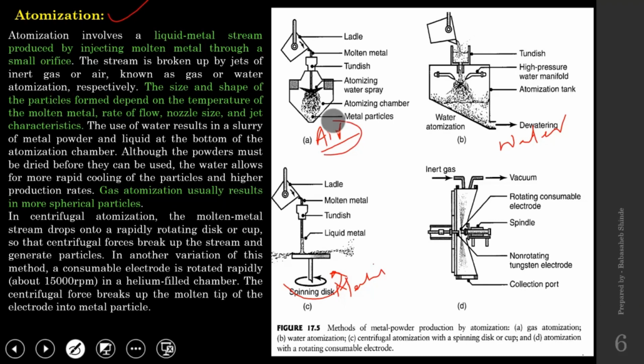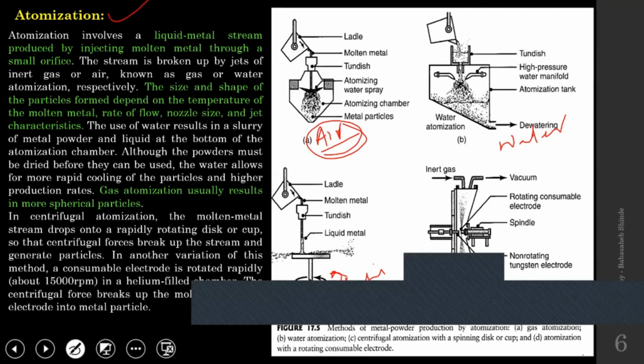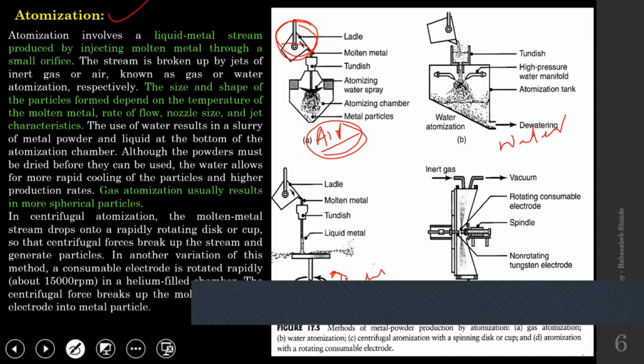Let's begin with the first technique. In this assembly, there is a molten metal, which is produced using any of the available techniques. That molten metal is brought to this assembly and poured in through the opening at the top.